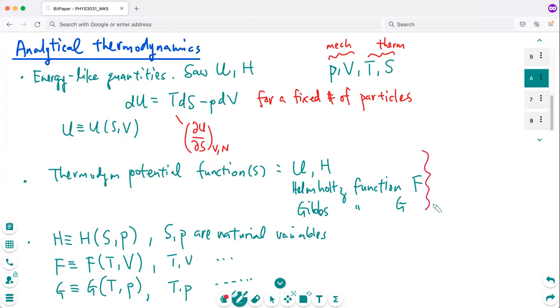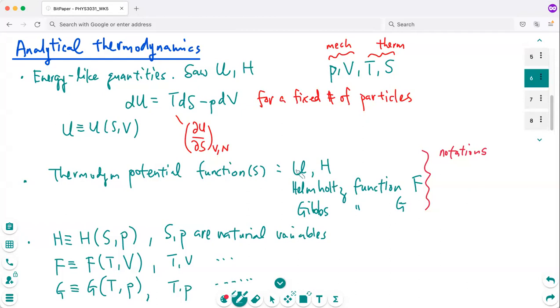This is rather important. This is also a very annoying situation which I do not have a way to fix, and that is the problem of notation. So if you pick a book which is new, you really have to check, because sometimes this internal energy is called E, energy E. That is not too bad, actually.